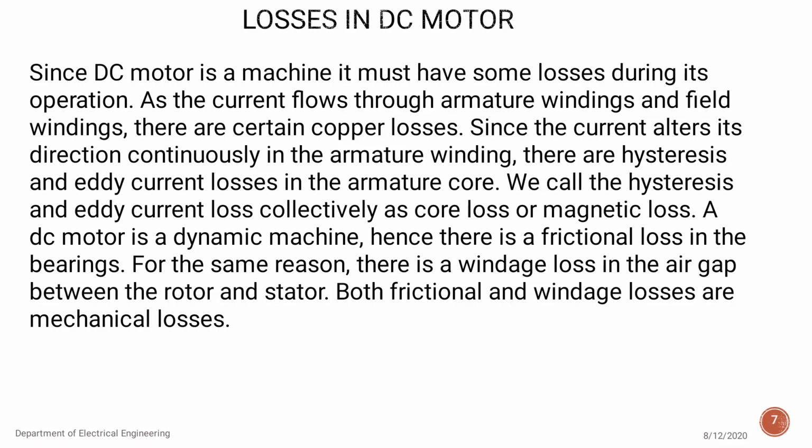We know that the formula for copper losses is Ia square Ra. So if there is a current flow, then there are copper losses. First, you should understand that in the armature winding as well as the field winding there is a flow of current. So copper losses are present in both windings, the armature as well as the field winding.